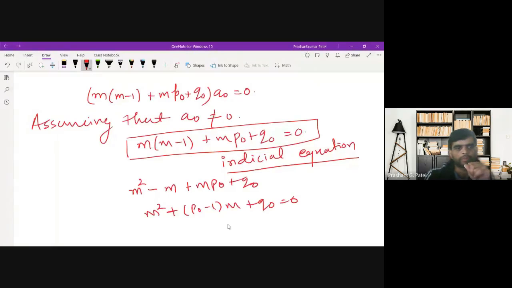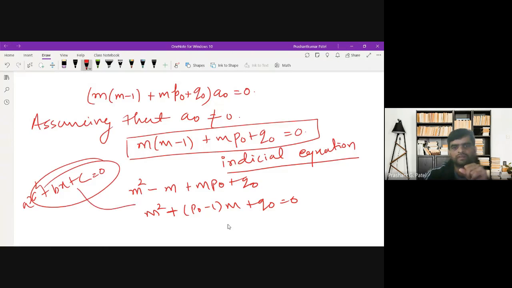So if you compare with a x square plus b x plus c equal to 0, then this equation will have two roots. Okay, so this identical equation has two roots. Let's say that two roots are m1 and m2.